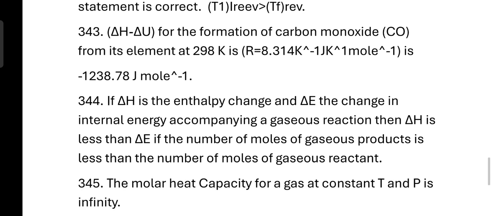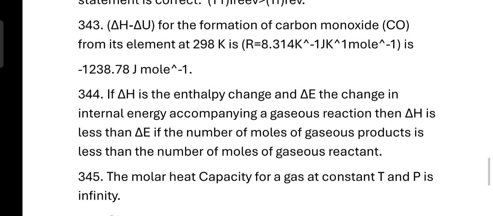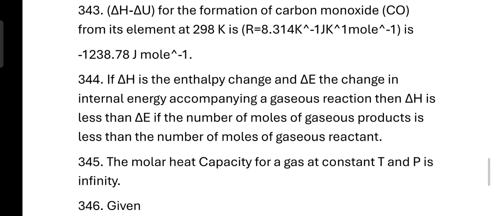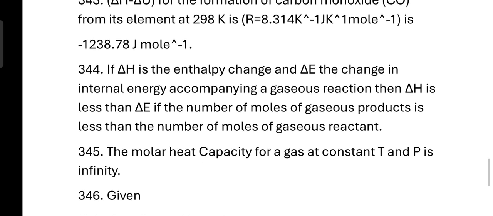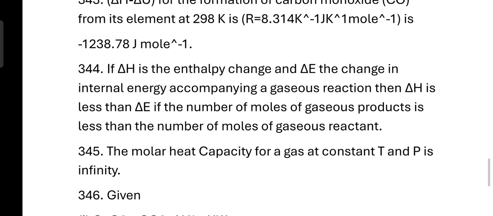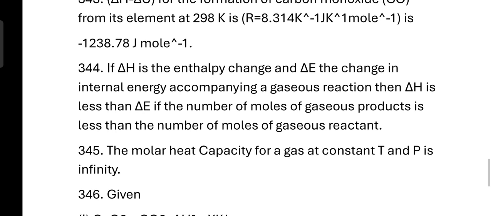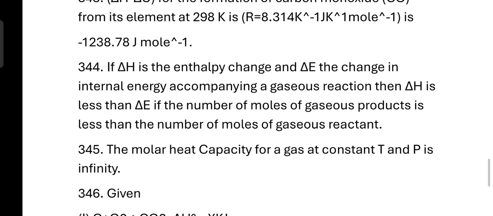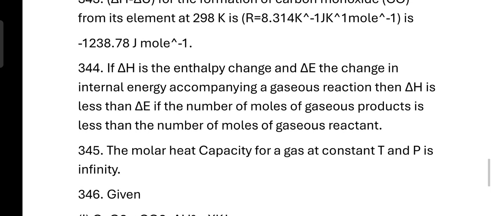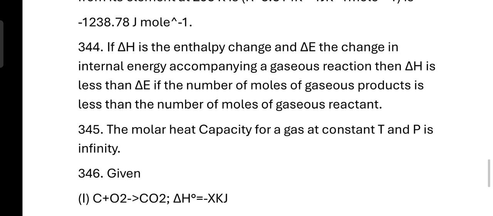Delta H minus delta U for the formation of carbon monoxide CO from its elements at 298 Kelvin, with R equal to 8.314 joule per Kelvin per mole, is minus 1238.78 joule per mole.